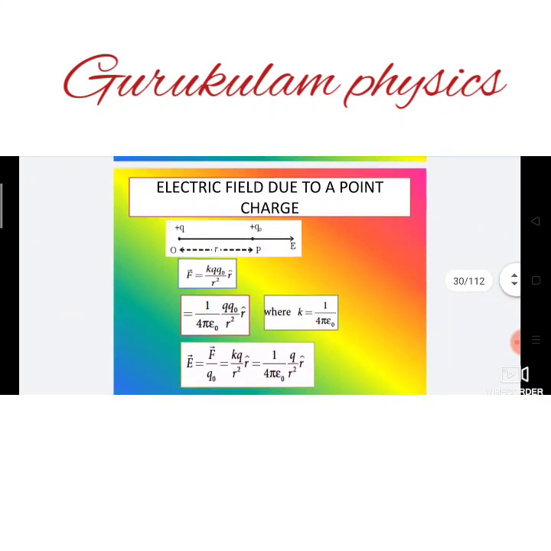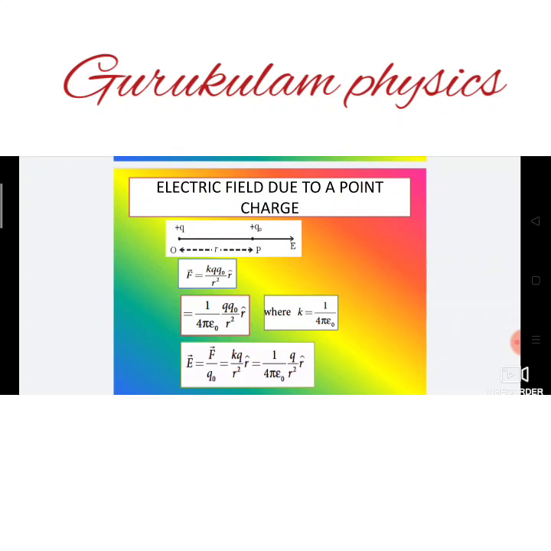Electric field due to a point charge. Let us consider a positive charge plus q, which is located at the point O. Let us consider another testing charge q naught, which is placed at a distance of r from the source charge plus q.